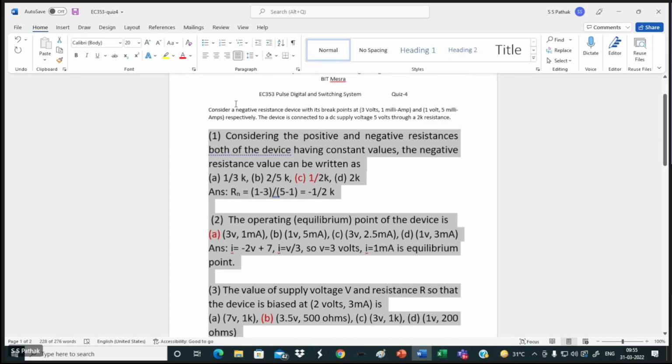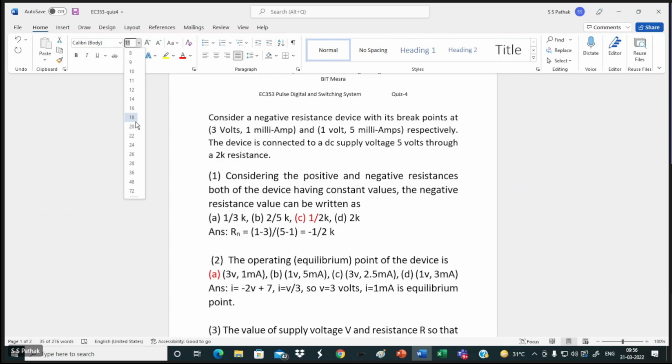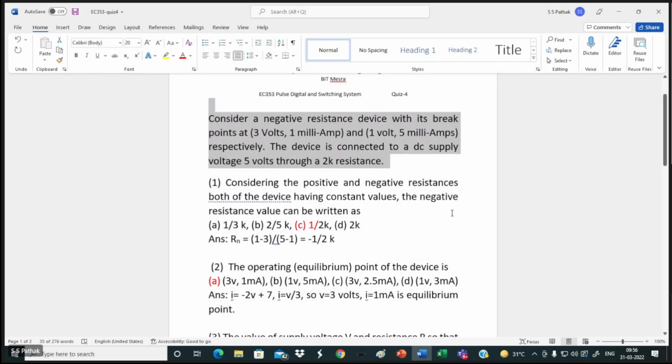I have given the question here, having the break points 3 volt 1 milliampere, 1 volt 5 milliampere. One is your valley point, one is your peak point. You can take it like that. So 2 points are given to you.